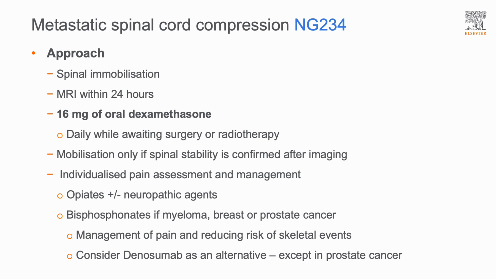There should be individualized pain assessment and management, typically requiring use of opiates with or without neuropathic agents. Bisphosphonates can be offered if the patient has myeloma, breast or prostate cancer, which could aid management of pain and reduce the risk of skeletal events. And denosumab can be considered as an alternative, except in patients with prostate cancer.